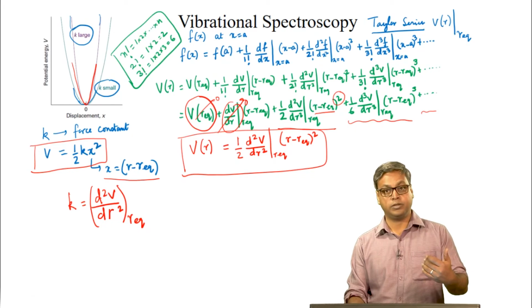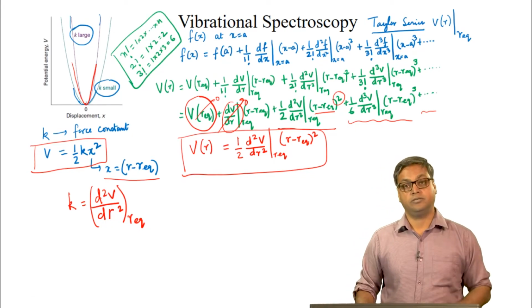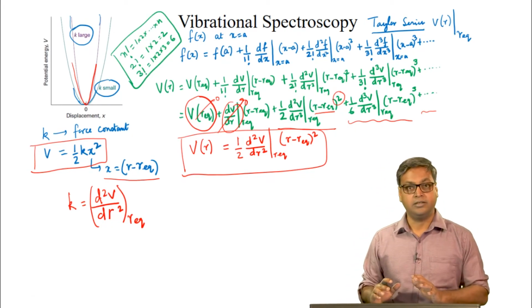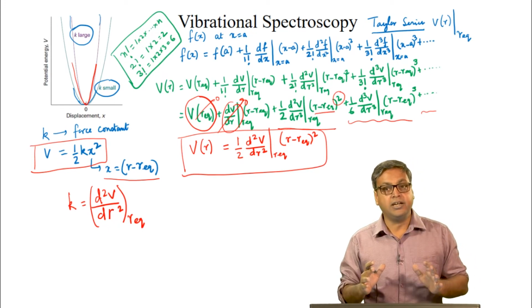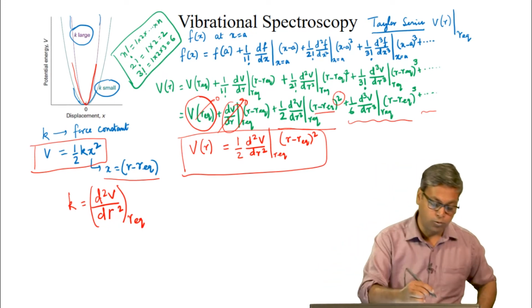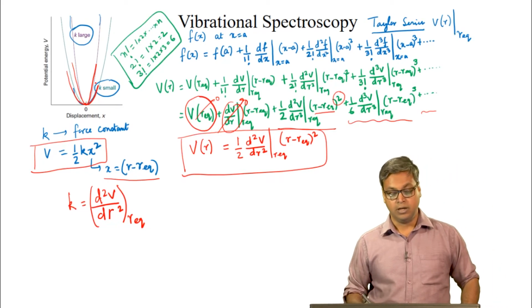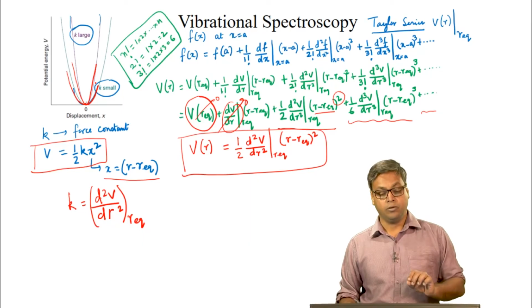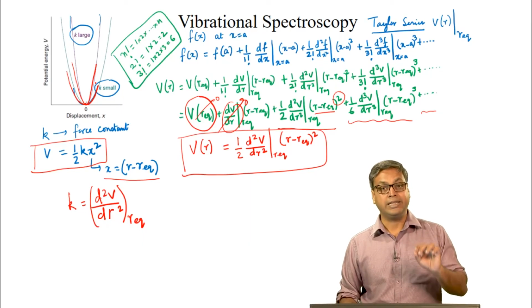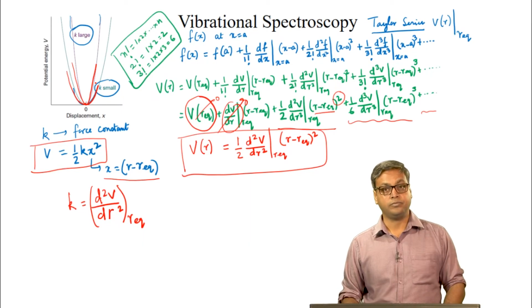In other words, if the potential energy is sharply curved at the minimum or close to the minimum, then k will be large. On the other hand, if the potential energy is wide and shallow, like it is shown here for this curve, close to the minimum, then k is small.